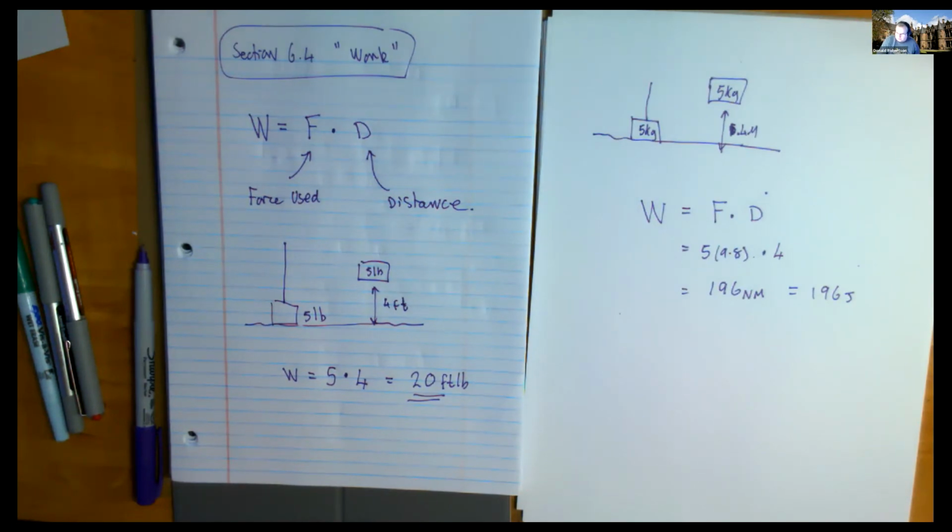Professor? Yes. In the second problem, I'm not sure if the units are correct. Okay, I could be wrong. Because the 9.8 has units as well. I can't argue with that because I'm not a physics person.